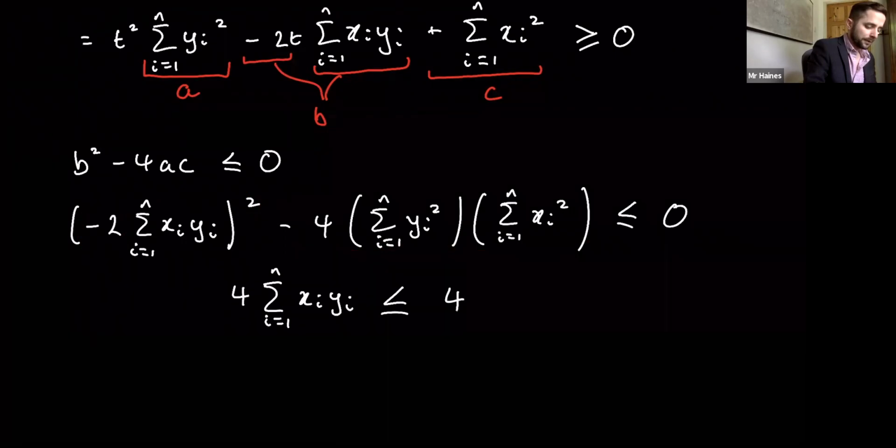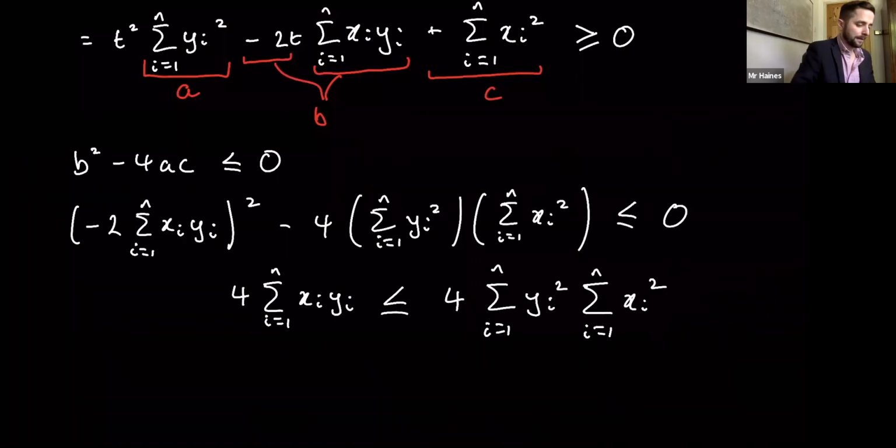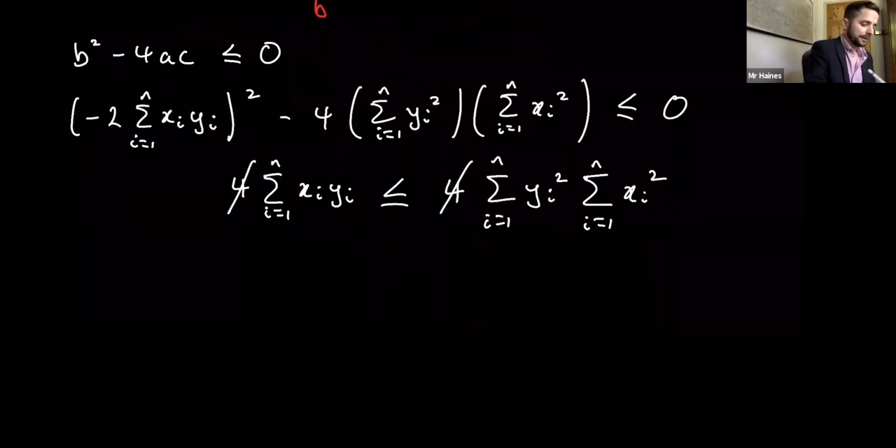And we get 4 times the sum from 1 to n of the y numbers squared times the sum from 1 to n of the x numbers squared. And finally, we divide both sides by positive 4, and we have the Cauchy-Schwarz inequality. Oh, I lost my squared again. There we go.